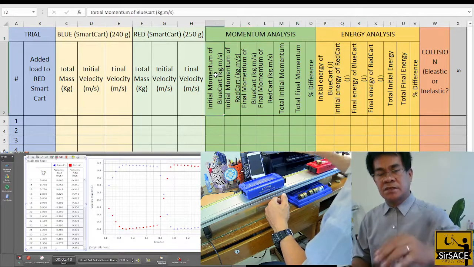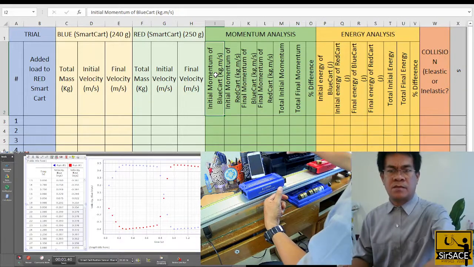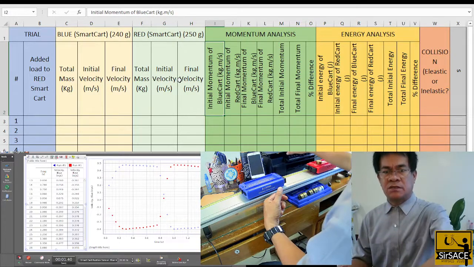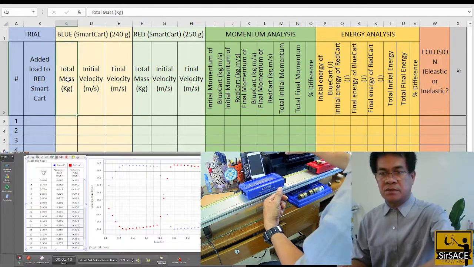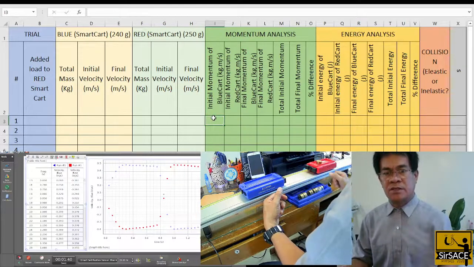First, you have to find the initial momentum of the blue card. Remember, momentum is the product of the total mass of the card multiplied by the velocity. So it should be the total mass of the blue multiplied by the initial velocity, and the answer should be the initial momentum.